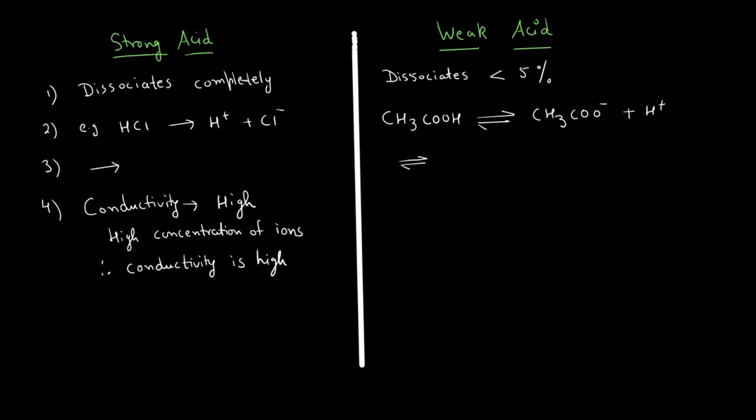But for weak acid the conductivity is low. Why? Because our weak acid does not completely dissociate into ions, so we have low concentration of ions. Therefore, conductivity is low.